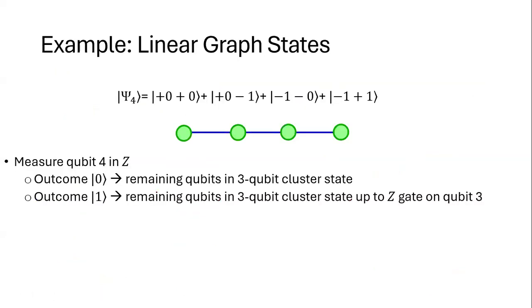So just to show you an example of how this works. So think about this graph state. You can do a similar analysis of why this is a graph state, but we won't do that.